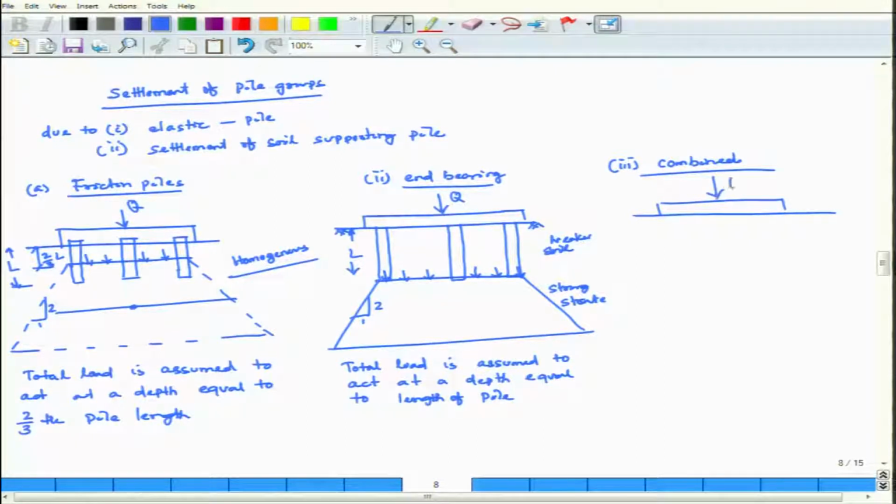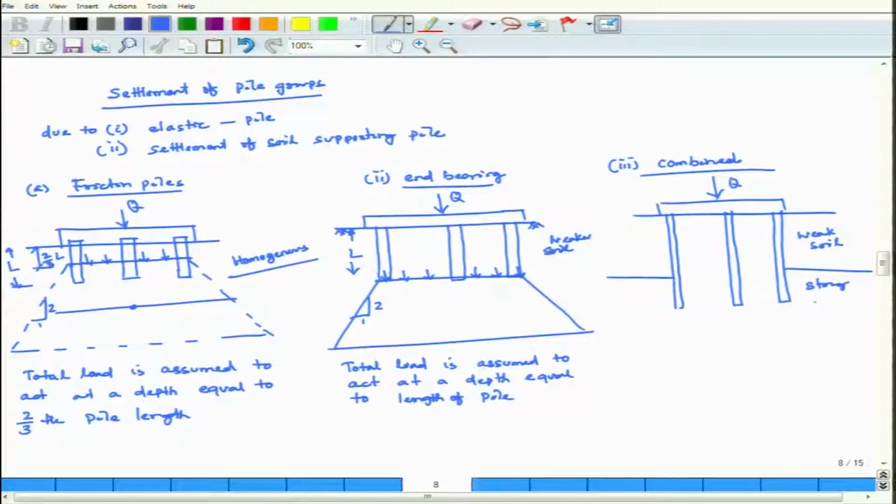Combined case, this is a Q, then what will happen? Combined case, this will be a case of a weak soil followed by a strong soil layer.